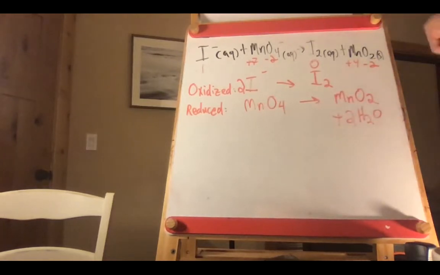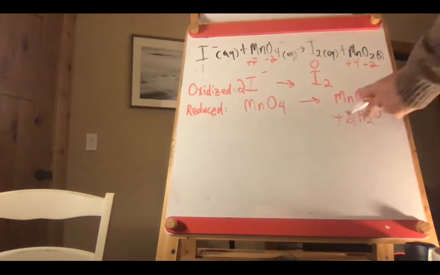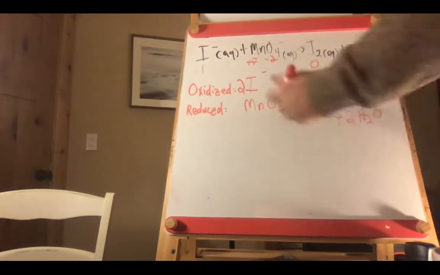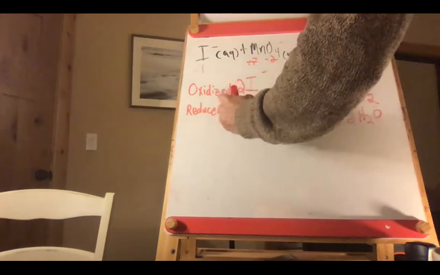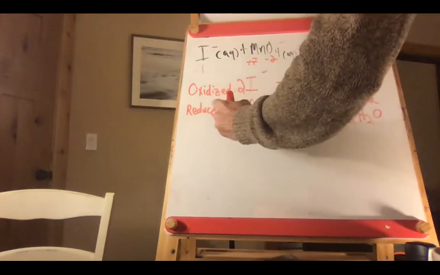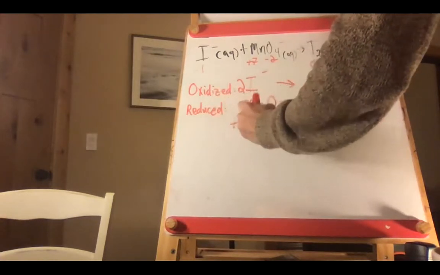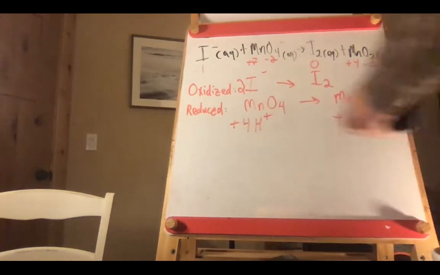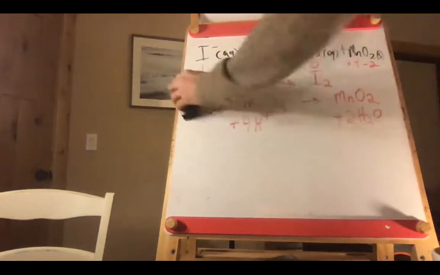And that gives us 4 oxygen. But now we have 4 hydrogens on this side. So we need to put 4 hydrogens here as well. Okay. Now everything should be balanced, right? So if we write this out again, I'm going to erase this now.